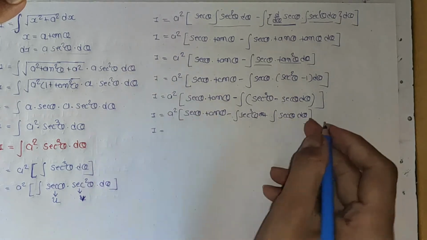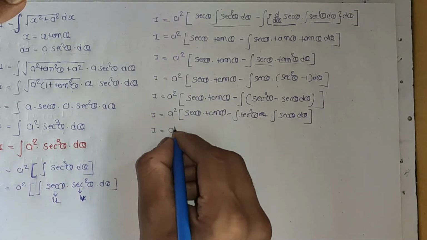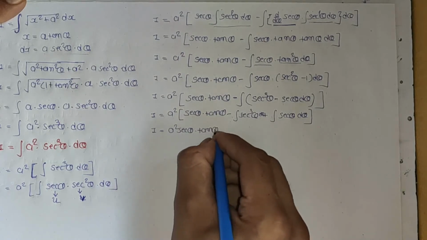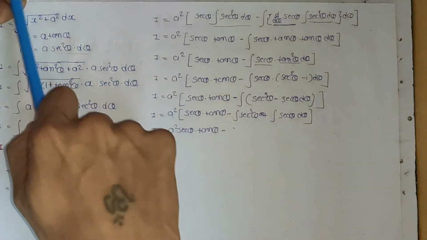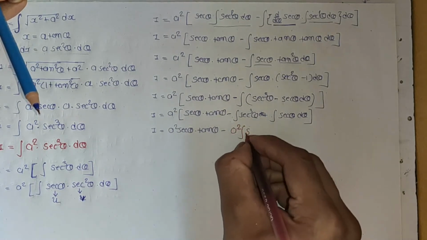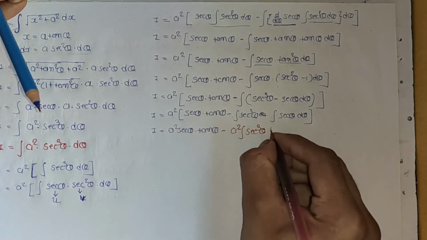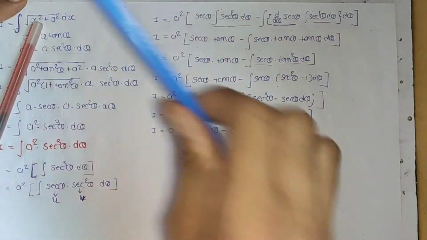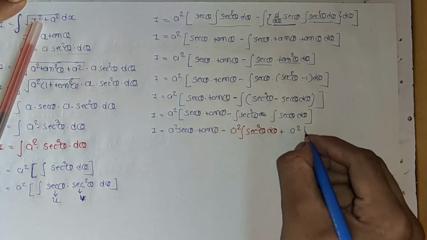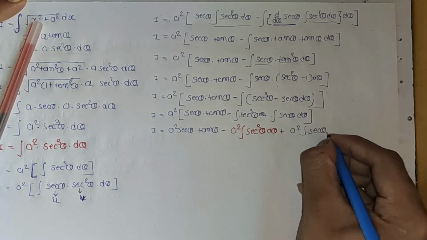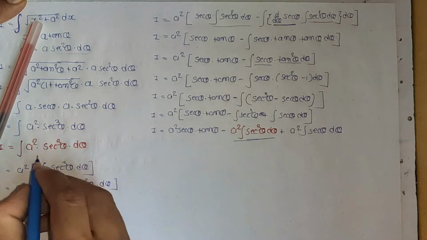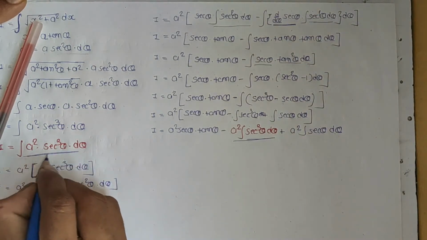Now a square sec theta tan theta minus a square integration sec cube theta d theta plus a square integration sec theta d theta, okay. This is exactly what we have to derive, okay.